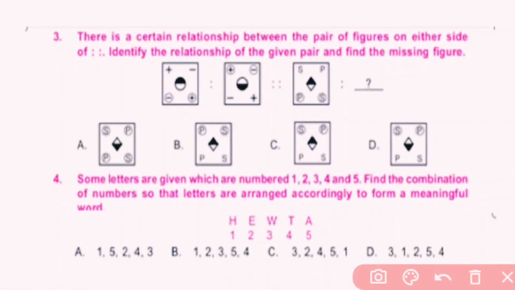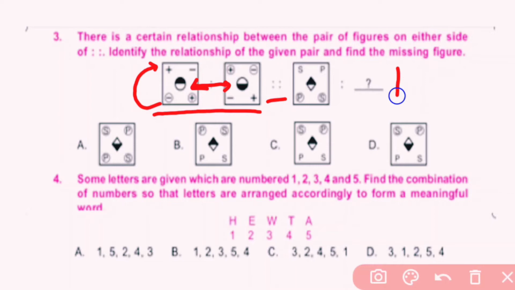Question number 3. There is certain relationship between the pair of figures on either side. Identify the relation of given pair and find the missing figure. Now relationship between these two figures is, this shaded part is interchanged and circles are interchanged.